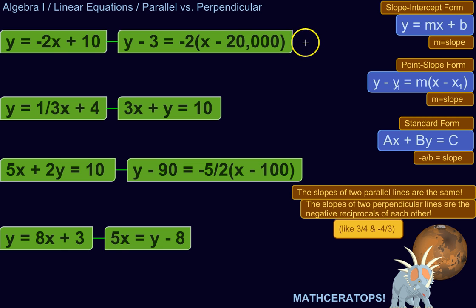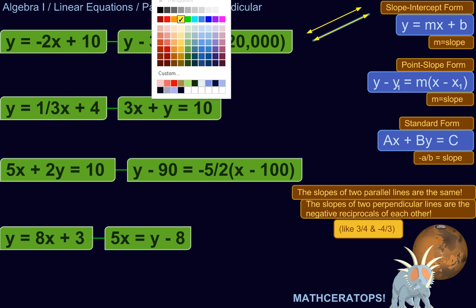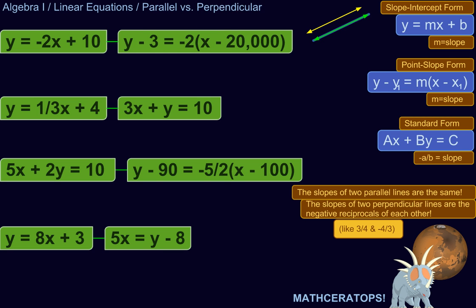So the key is parallel and perpendicular. What are we talking about? This line and this line are parallel. They never cross.